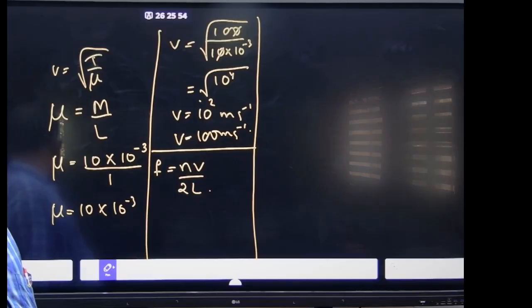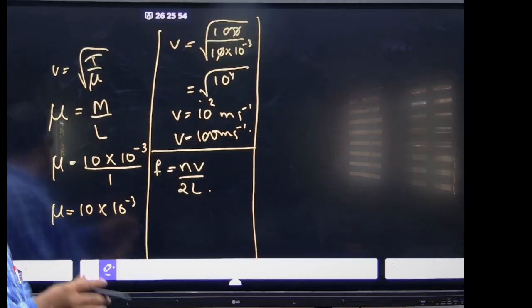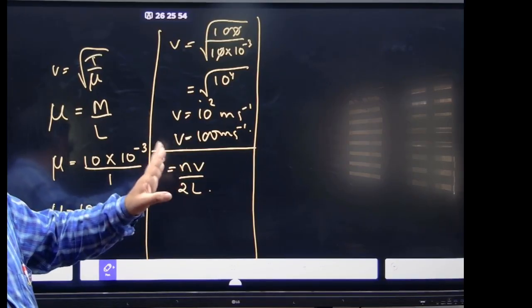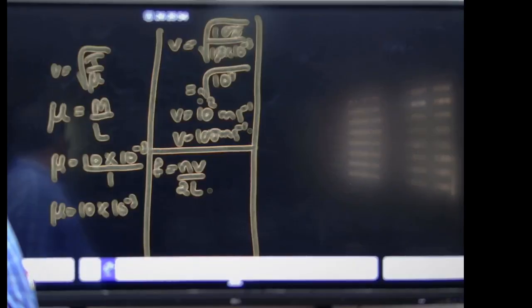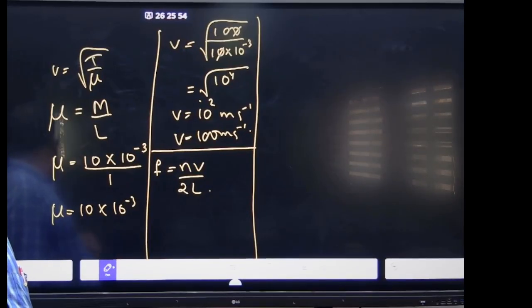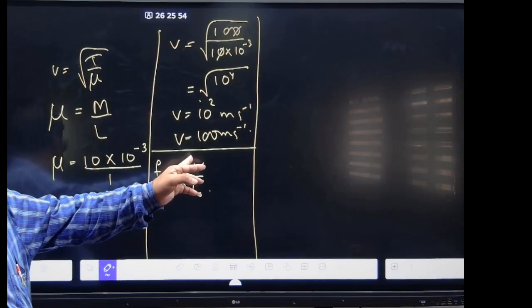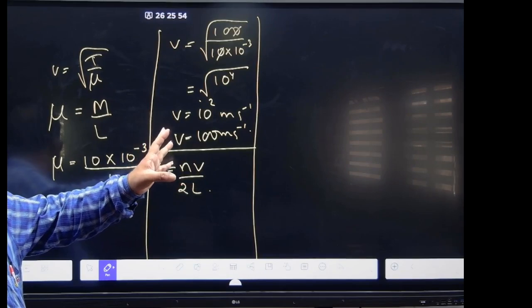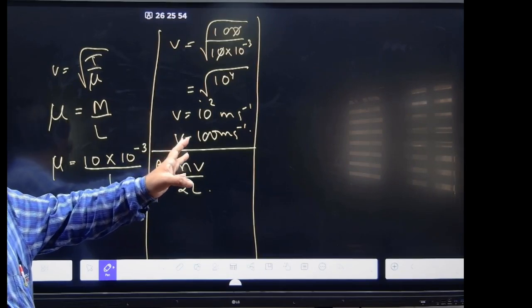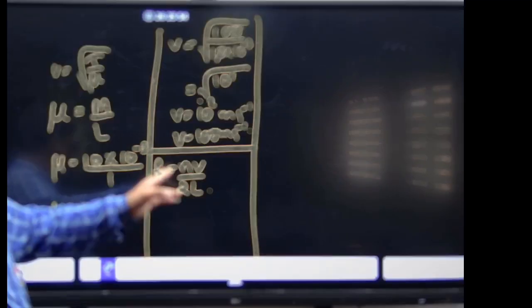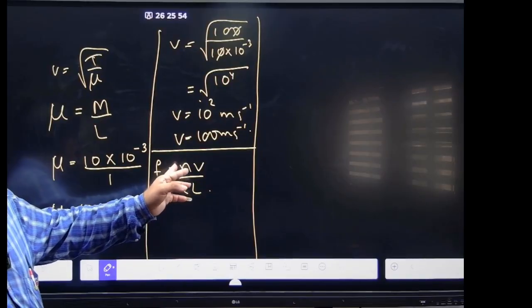Because we don't know the frequency, we are going to take n as the unknown. Since it is an open pipe, if it were a closed pipe we would have taken 2n plus 1, because only odd vibrations are allowed in a closed pipe. But all vibrations are allowed in an open pipe, so we are going to take this as n.